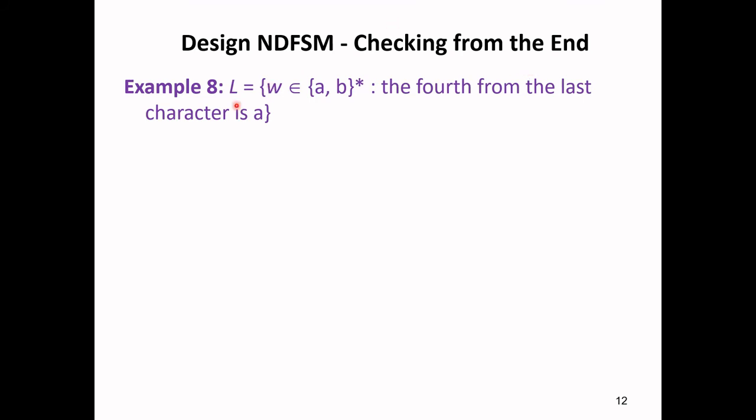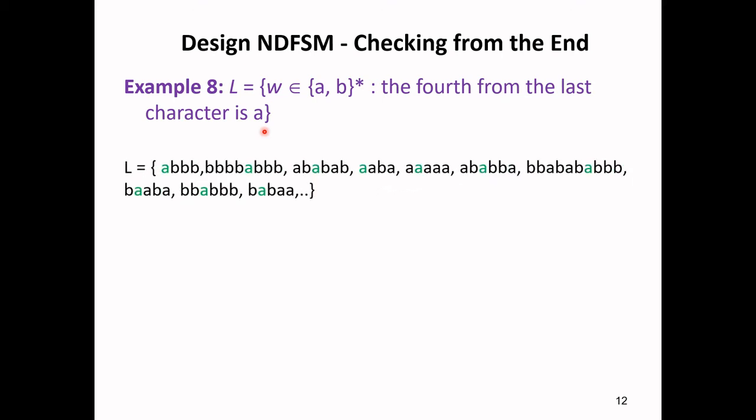Let us design an NDFSM checking from the end. A language containing strings of A's and B's where the fourth symbol from the last character is A. The possible strings in this language are, from the right, first symbol, second symbol, third symbol, fourth symbol.